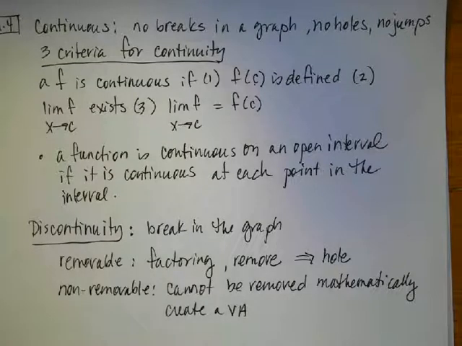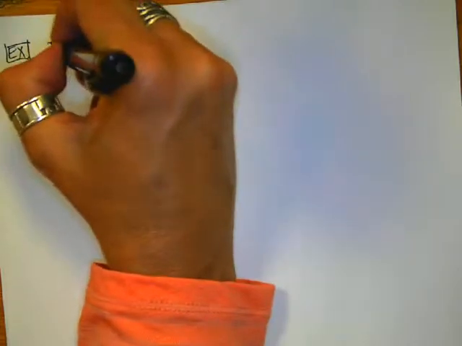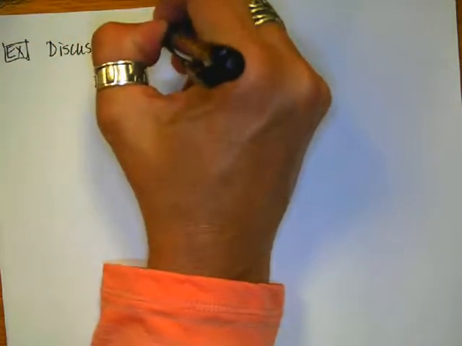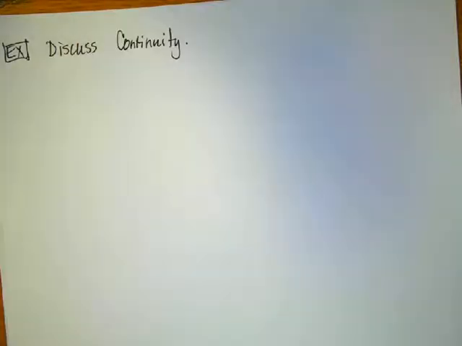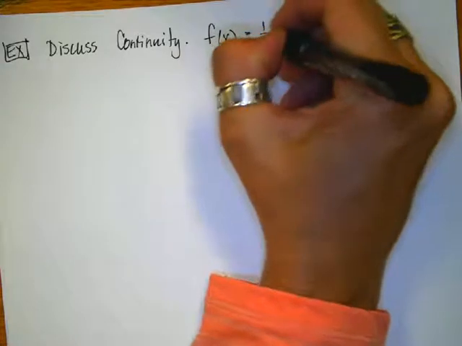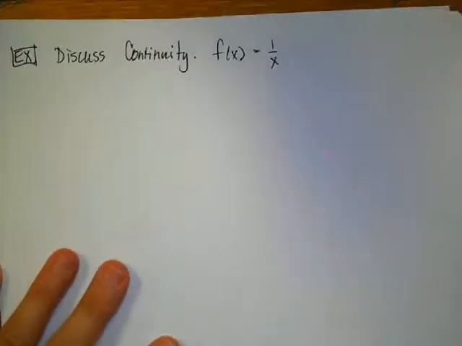So let's do a quick little example where we want to discuss continuity. And remember, anytime you're told to discuss, that means you have the burden of proof and you want to give some information about the continuity of the graph. All right?